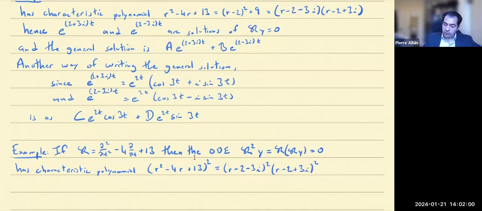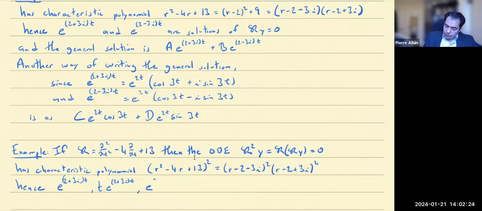Okay, so because of that, the solutions that we talked about at the top of the class would be e to the 2 plus 3i t, and then t times e to the 2 plus 3i t.